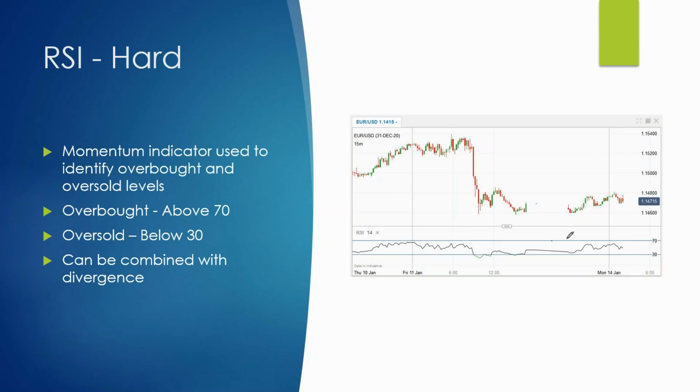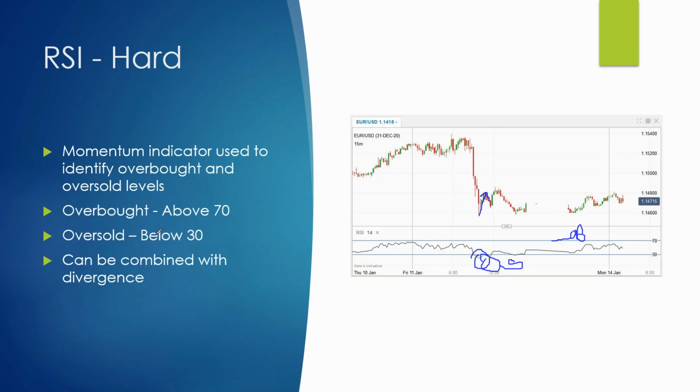If it is above 70, it would be considered overbought. If it is below 30, it would be considered oversold. So in this case, if you saw that it was oversold, you say, oh, okay, it's oversold, I'll take a long position, okay? That would be very easy in itself to do.